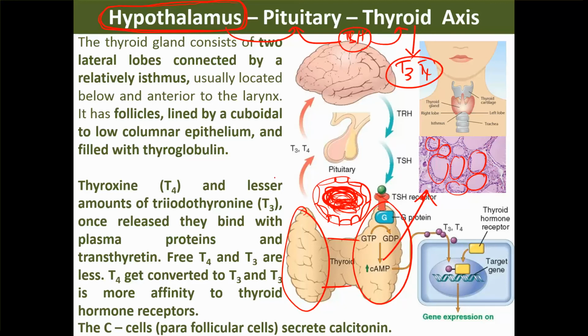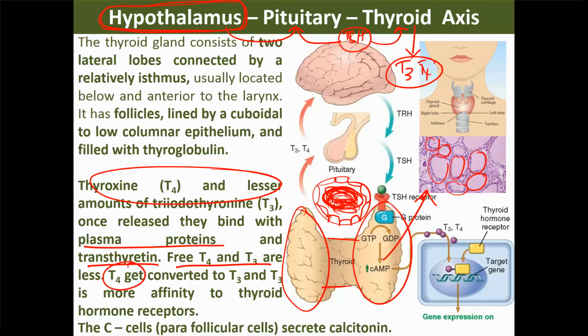So thyroxine is T4 and triiodothyronine is T3. Once they are released, they bind with plasma proteins like thyroxine-binding globulin, so free T3 and T4 will be less.